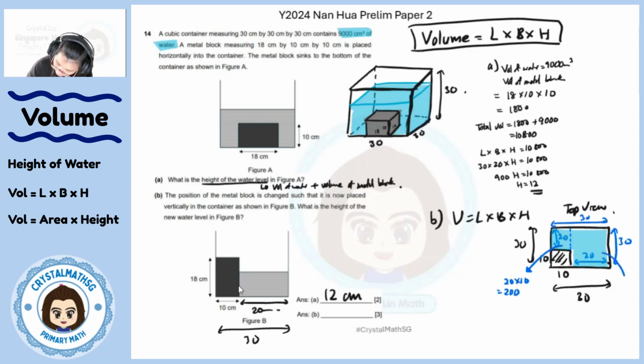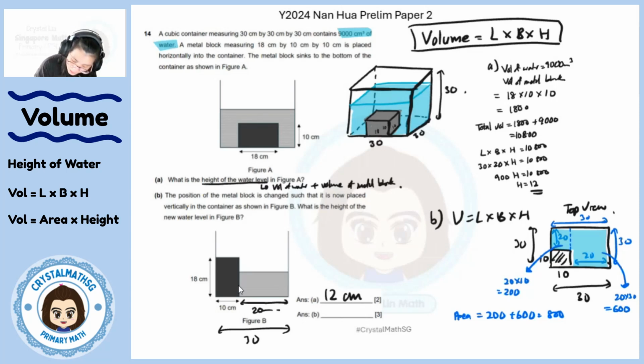This bigger one is 20 times 30. So the area of the blue color is 200 plus 600 to give you 800.